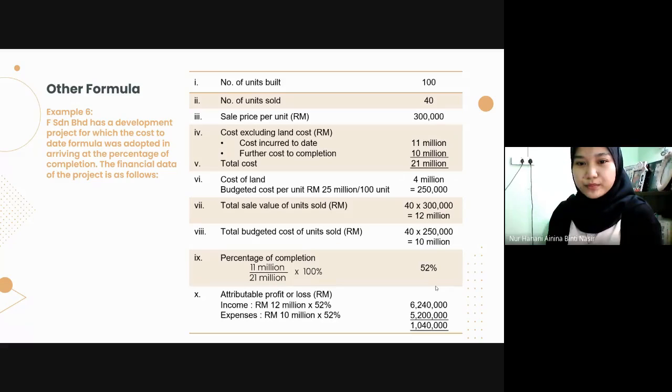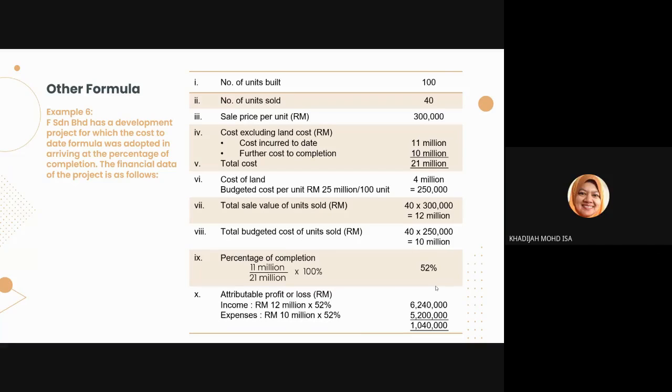To get the percentage of completion, we take the cost incurred to date, which is 11 million, divided by the total cost, which is 21 million, multiplied by 100. To calculate the income, we take the total sale value of units sold, which is 12 million, multiplied by 52%, the percentage of completion, and similarly for the expenses, so we get the attributable profit or loss.